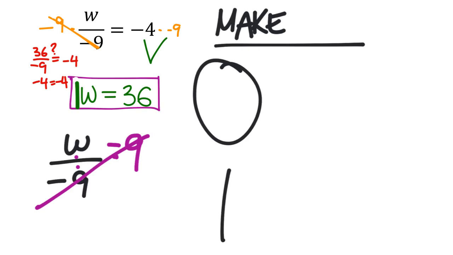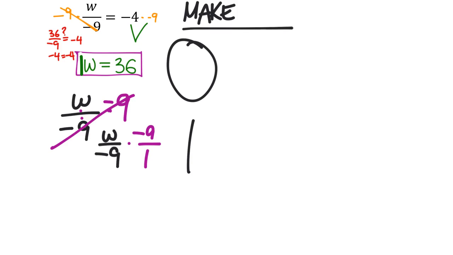So w divided by negative 9, when I multiply it by negative 9, right? And this is going to fraction multiplication, which we haven't gotten into, but I'm going to show it anyways because hopefully it will help. I have negative 9 over 1, which I'm multiplying it by. Well, this multiplied together, I'll give myself more space here, would be the same as negative 9w, that's the numerators multiplied together, and the denominators multiplied together is also negative 9.